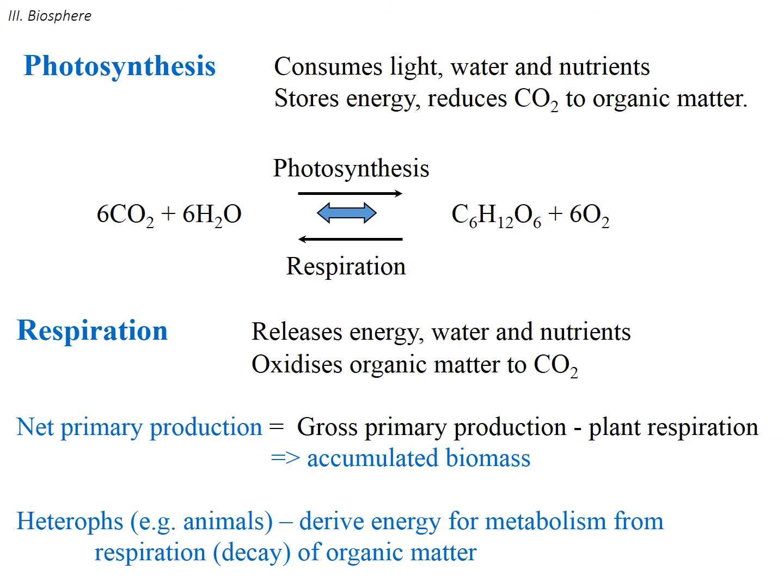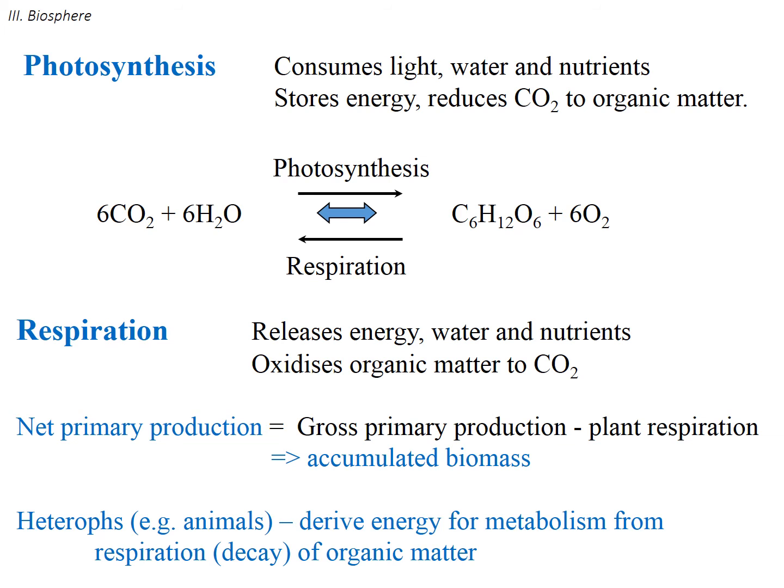We're going to start moving on to some terminology. There's a term called net primary productivity, or net primary production, sometimes shortened to NPP. It is the gross primary production, the amount of biomass that is produced, minus plant respiration. So it's not just the amount of photosynthesis.